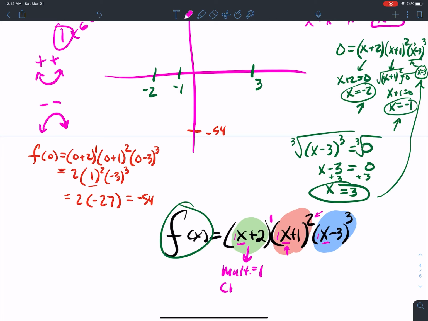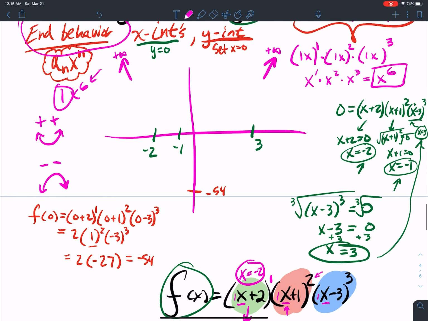It's odd multiplicity, so we cross. It's not greater than 1, so we don't flatten out. So whenever I have x equal to -2 for that 0, I cross, but I don't flatten out. So I'm coming down, and I cross, and I don't flatten out.